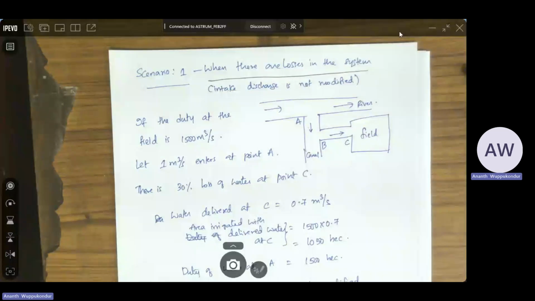So in this case, if my expectation is 0.5, I may only get 0.3 meter cube per second. So because of these losses, the amount of water that I need to take into the canal has to be higher than my previous estimate.